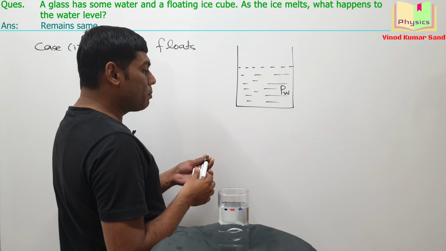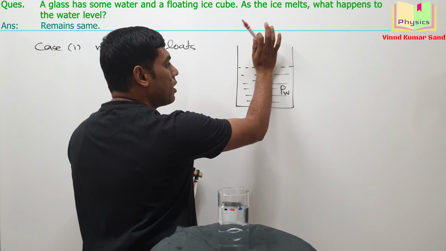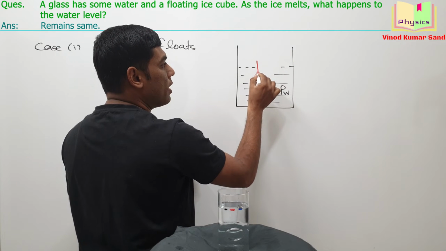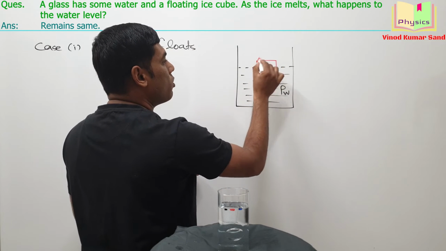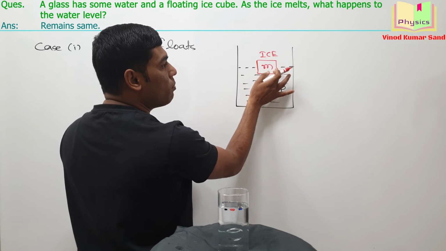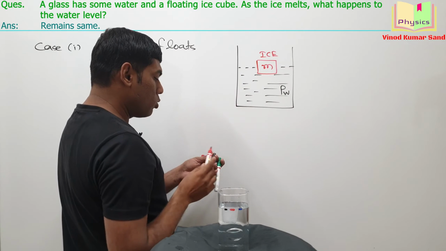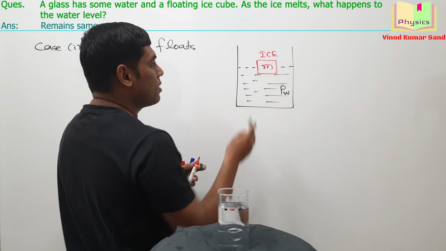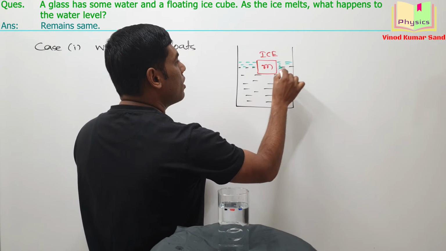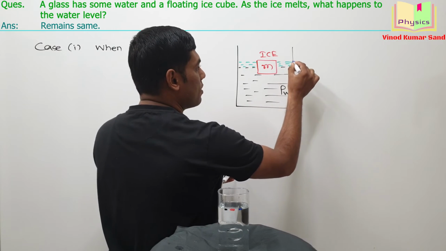Then we drop the ice cube. So the ice cube covers up some space like this. Do you agree? The moment we drop the ice cube, some water from this part will go up here, so I am showing it like this. Let's say the water reaches here. So this is the water level.